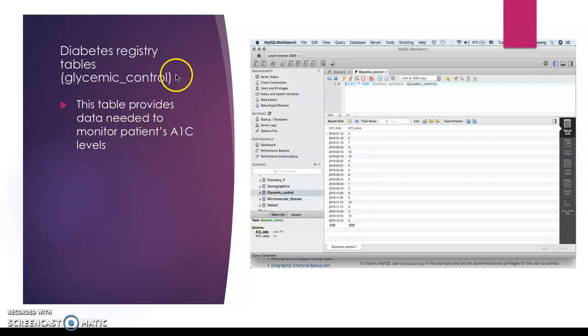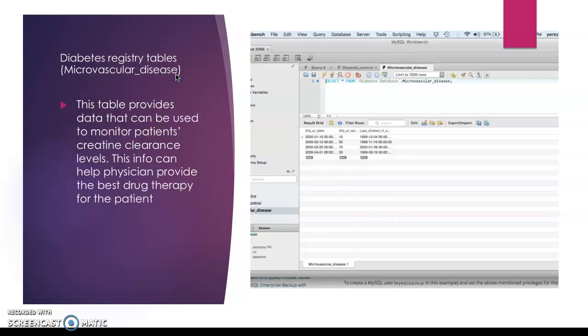All right, the fourth table is microvascular disease. This table provides data that can be used to monitor the patient's creatinine clearance levels.